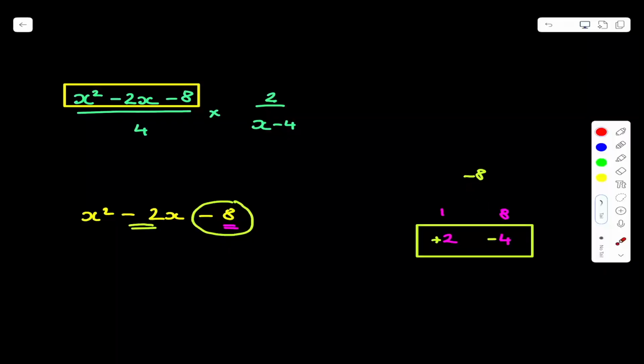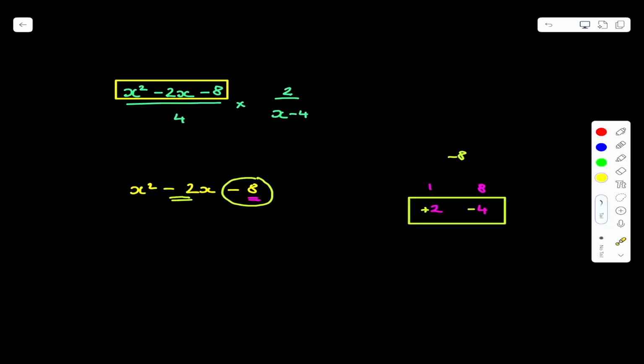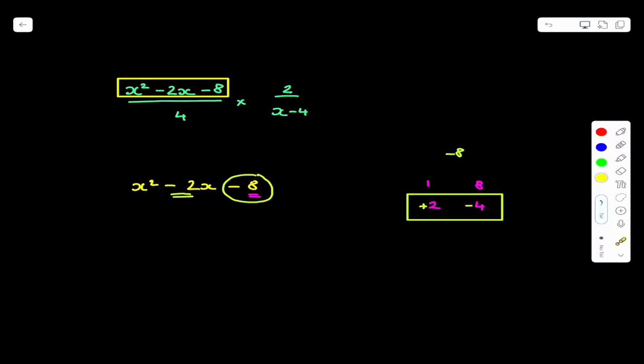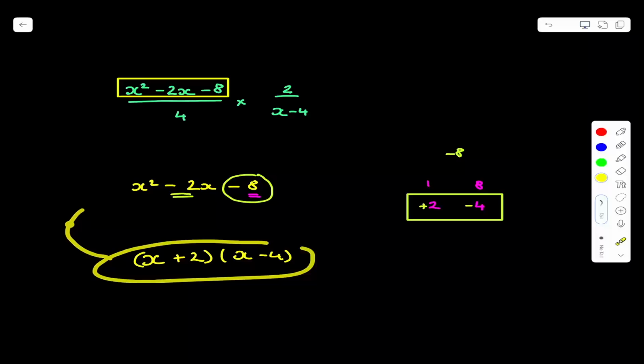So we could now write my quadratic in factorized form. That would just be x plus 2 as the first factor and x take 4 as the second factor, because this is equivalent to that.